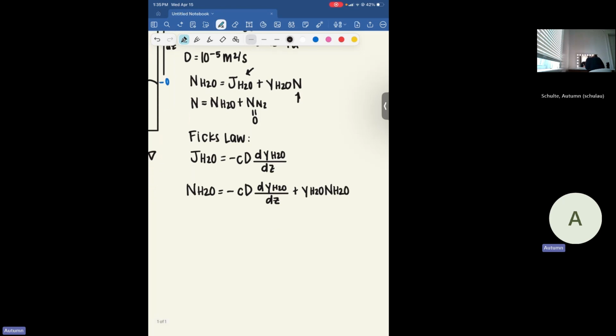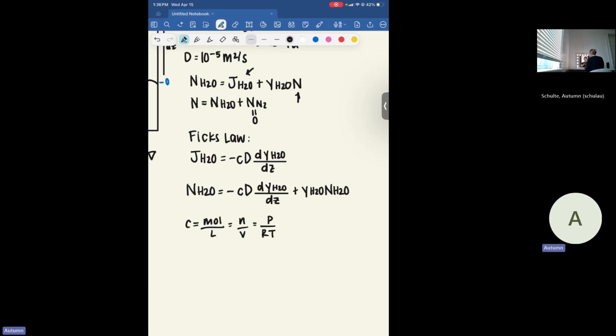Now, as we said previously, our concentration was in units of moles per liter, which ended up being N over V if we thought about our ideal gas law, and this was the pressure divided by the gas constant R multiplied by the temperature. Now this is overall concentration, and we are only concerned about water.